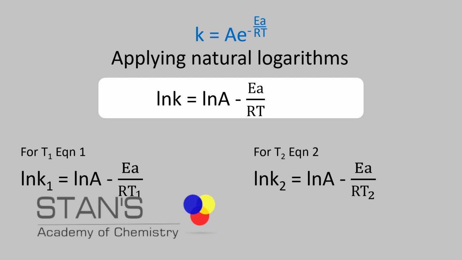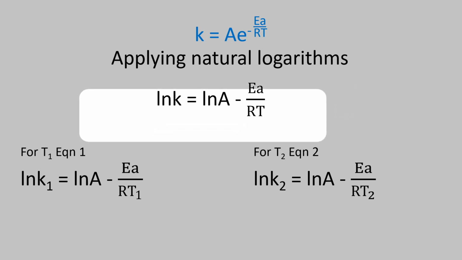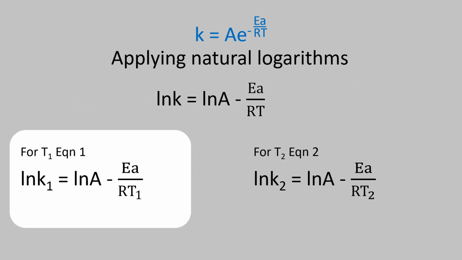Since we are trying to find the energy of activation for two different temperatures, we're going to rewrite this equation for two different temperatures, T1 and T2. For T1, the equation reduces to ln k1 = ln A - Ea/RT1.